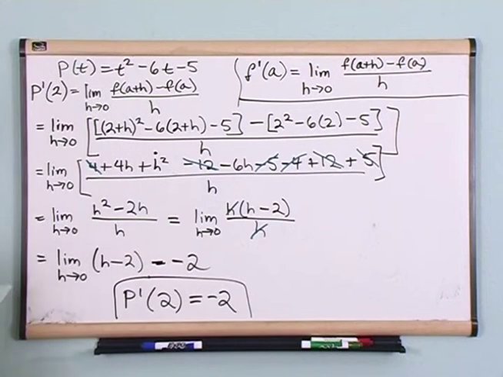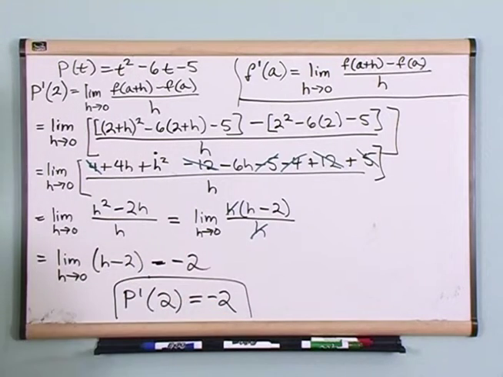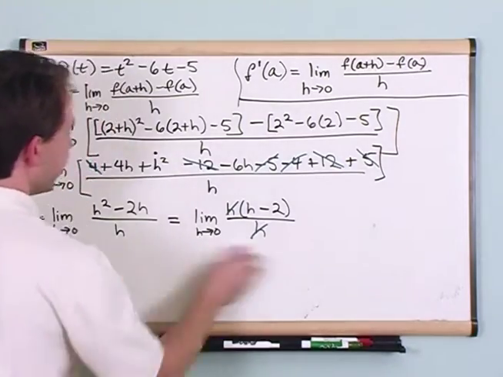This is the slope. That is the slope of that function p, the slope of that tangent line at p, and that's equal to a negative 2, which is a constant slope. Okay? So that means the slope is not changing.